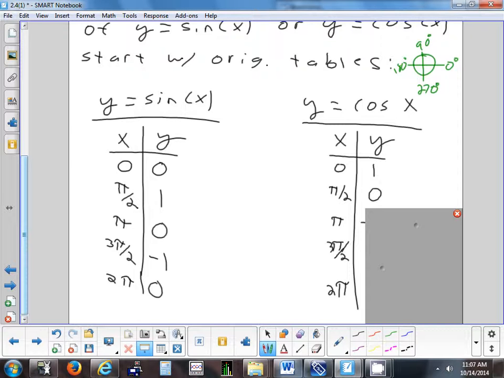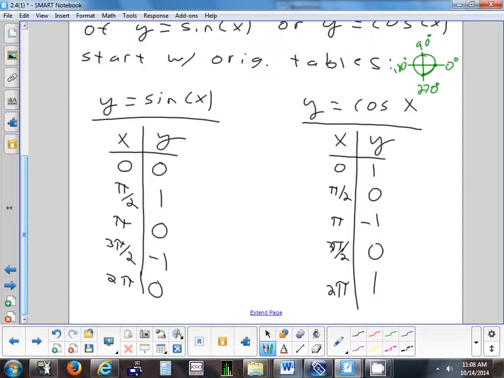When we go to 180, we've gone left 1, so that's a negative 1 for x. When we're at 270, we're back on the y-axis, which means my x value is 0. And when I go all the way around again, I'm back to the right one, so my x value is 1. So these are the 5 coordinates that you're going to use when you're graphing cosine.